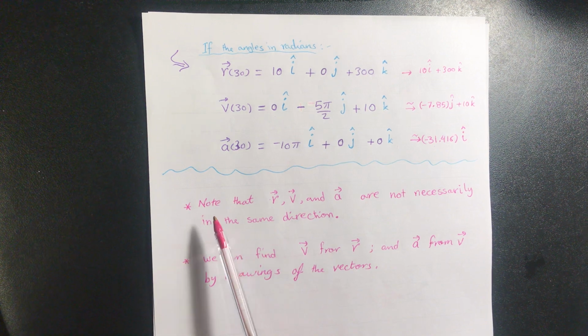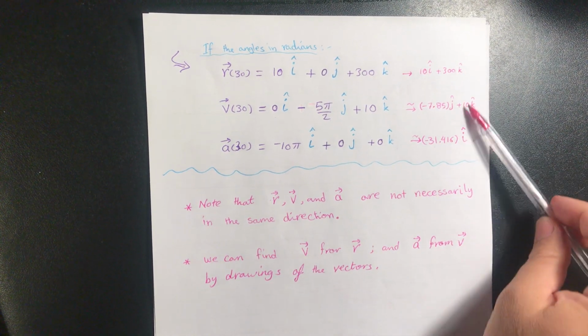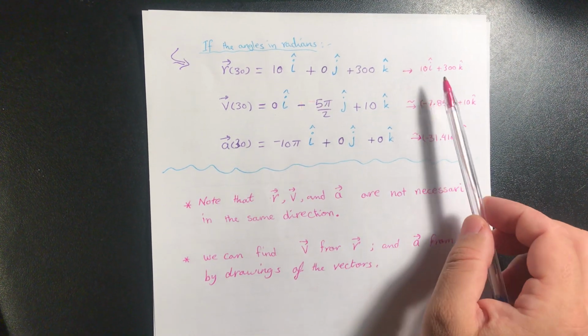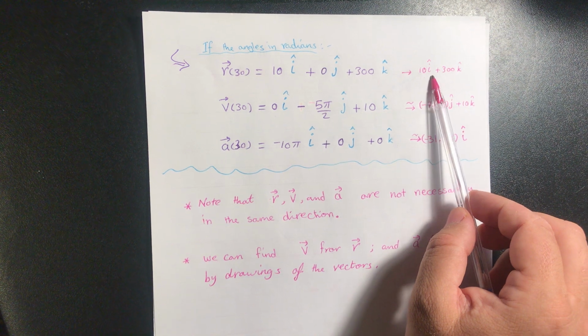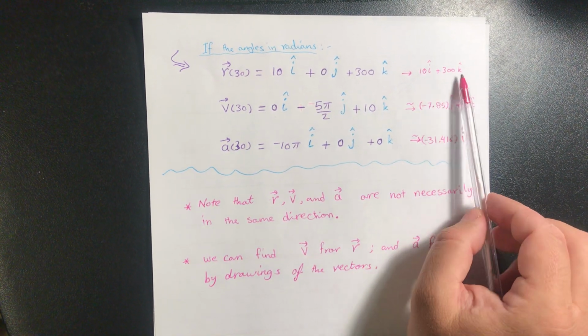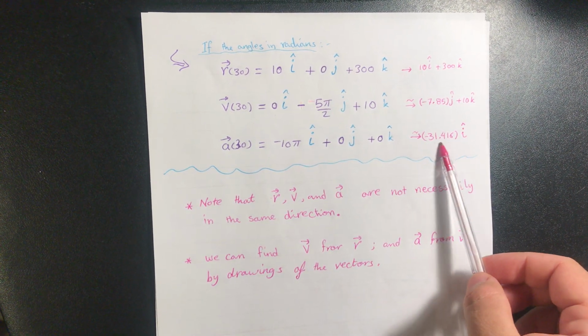Look and note that r, v, and a here are not necessarily in the same direction. We have the position vector in the x and z directions, but the acceleration just has an x component.